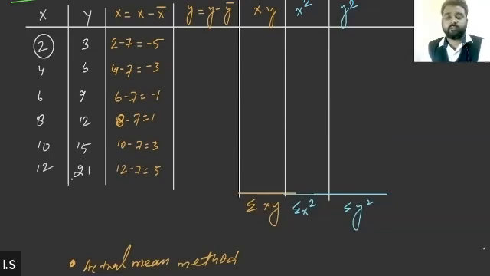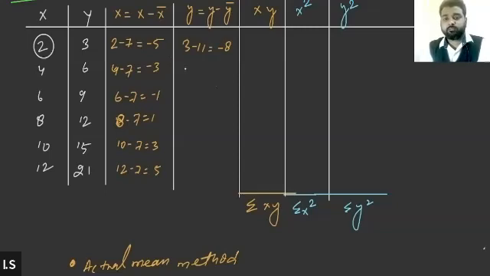Tell me, Alexander, is this clear to you? Yes, sir. Okay. Now we will similarly find out the value of the Y deviation. In order to find the Y deviation, we will subtract the mean of the Y series, that was 11. 3 minus 11 will be minus 8, right?